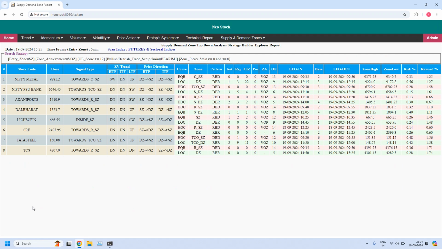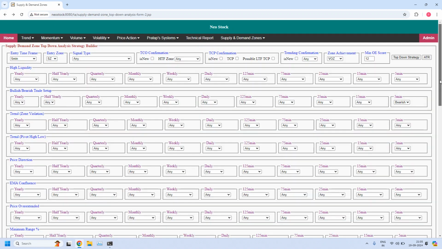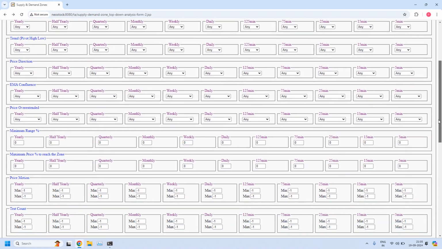That is, entry time frame is 5 minutes. Let's verify if any of these supply zones are having confluence with ITF time frame. ITF is 15 minutes. So let's add the filter.